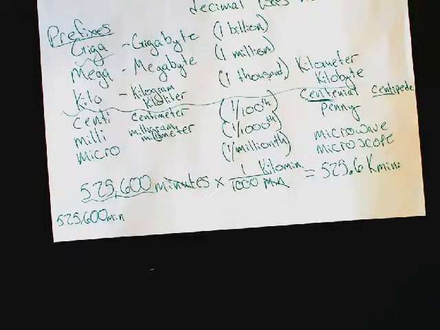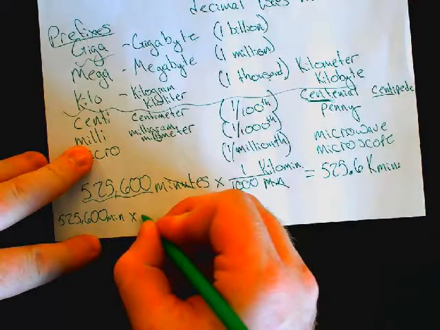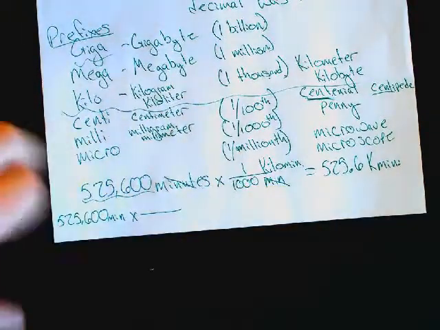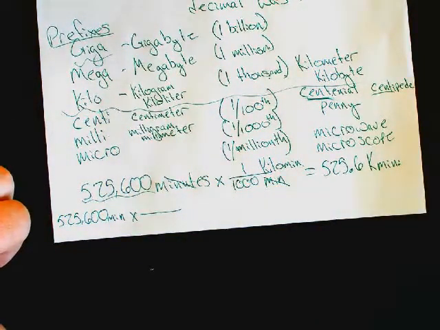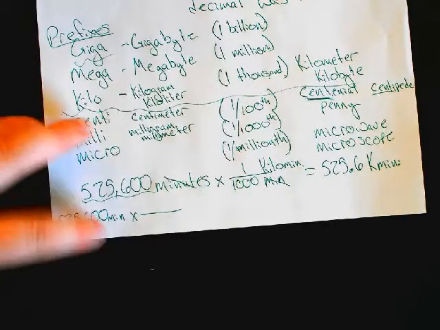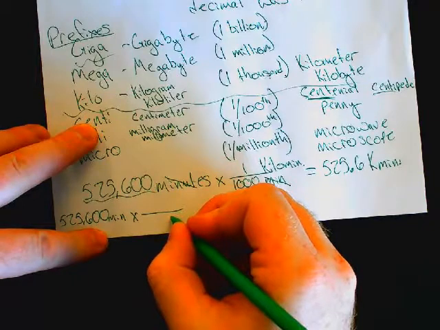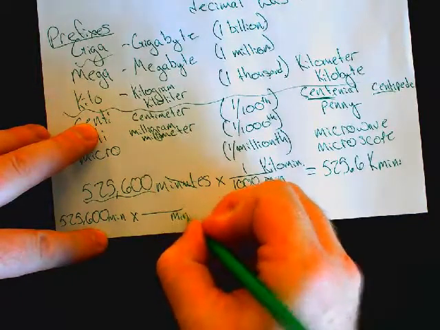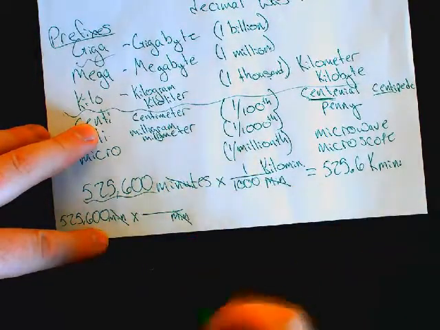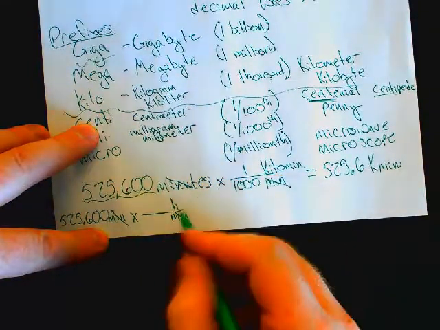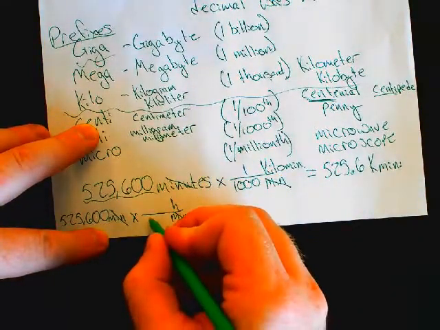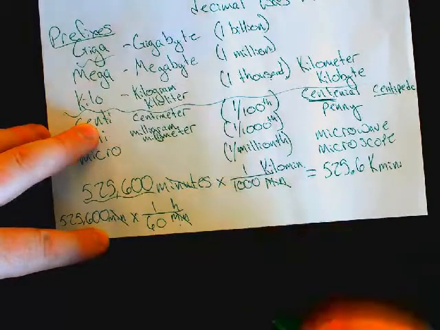Hours, that makes sense. So I'm going to multiply by a fraction bar. What unit should I put on the bottom? Minutes. Why minutes? I'm canceling it out. What goes on top? How many minutes in an hour? 60. Everyone should be able to answer that.